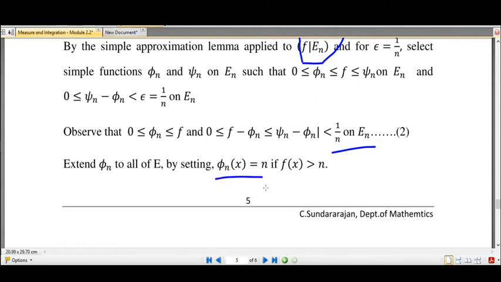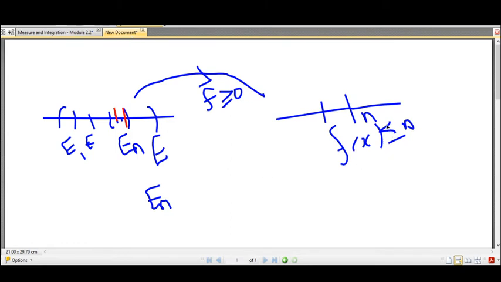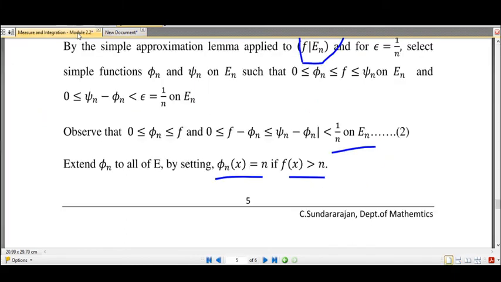We define the simple functions phi n and psi n, with phi n less than or equal to f, less than or equal to psi n.